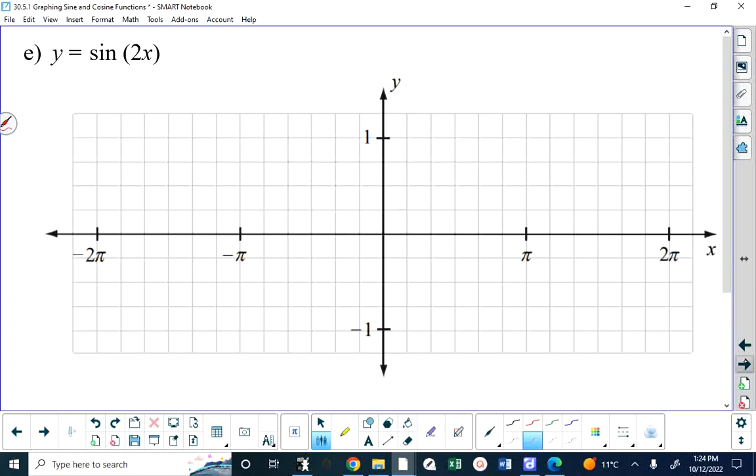Well, I'm actually going to sketch sine of x on here in the hopes that you become very familiar with y equals sine of x. It starts at the origin, it goes up to 1, down to 0, down to -1, back up to 0. That's what y equals sine of x looks like.